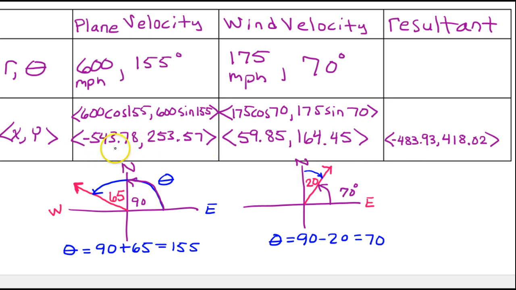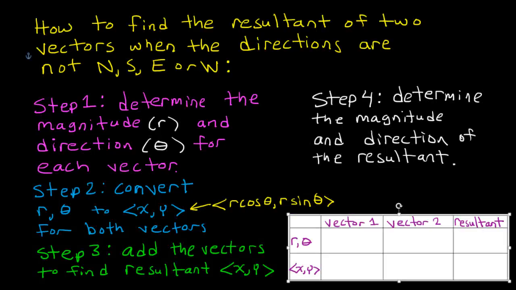Again, I simply got that by adding the horizontal components. That gave me the negative 483, and then I added the vertical components, and that gave me the 418. All right, so we have now completed step 3. We added the vectors to find the resultant in component form.